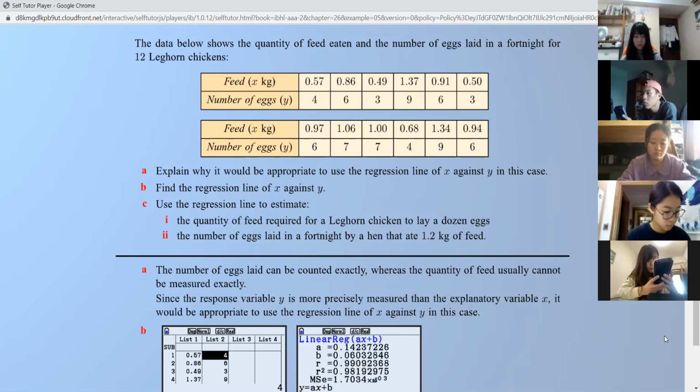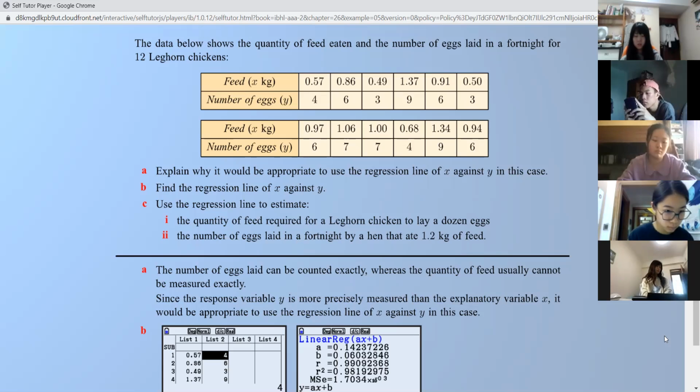When you put in your values, you double check before you proceed. Okay, I think I missed something, because one is 11 and one is 10. So this is where we should double check. 0.57 and 4, 0.86 and 6, 0.49 and 3, 1.37 and 9. Okay, I wrote 6. I knew it. This one and 6.